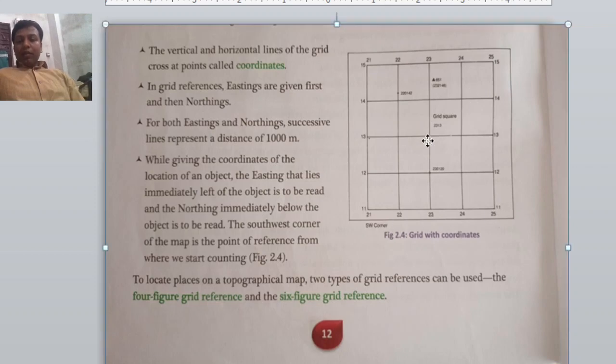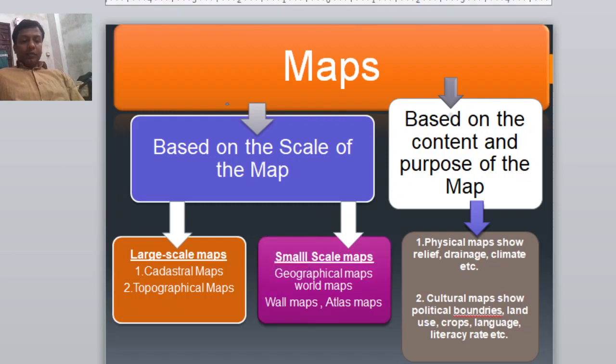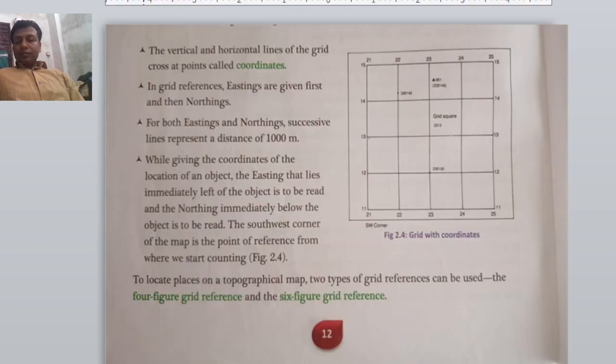Just look at this grid with coordinates. This is vertical lines and this is horizontal lines. So this is all about the grid.